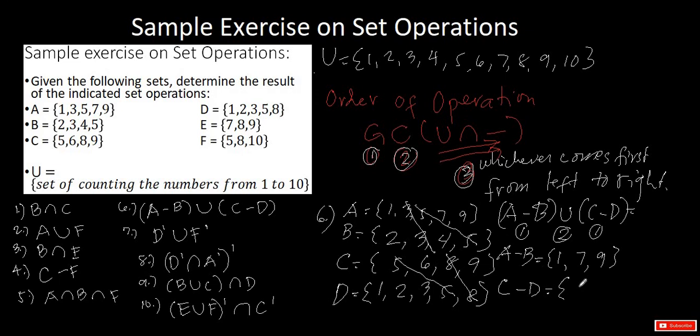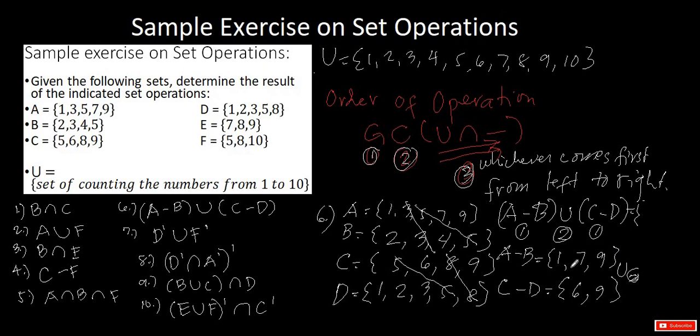Therefore, C minus D is 6 and 9. Then we can determine the final result by performing step 2, the union of the elements of A minus B and C minus D.